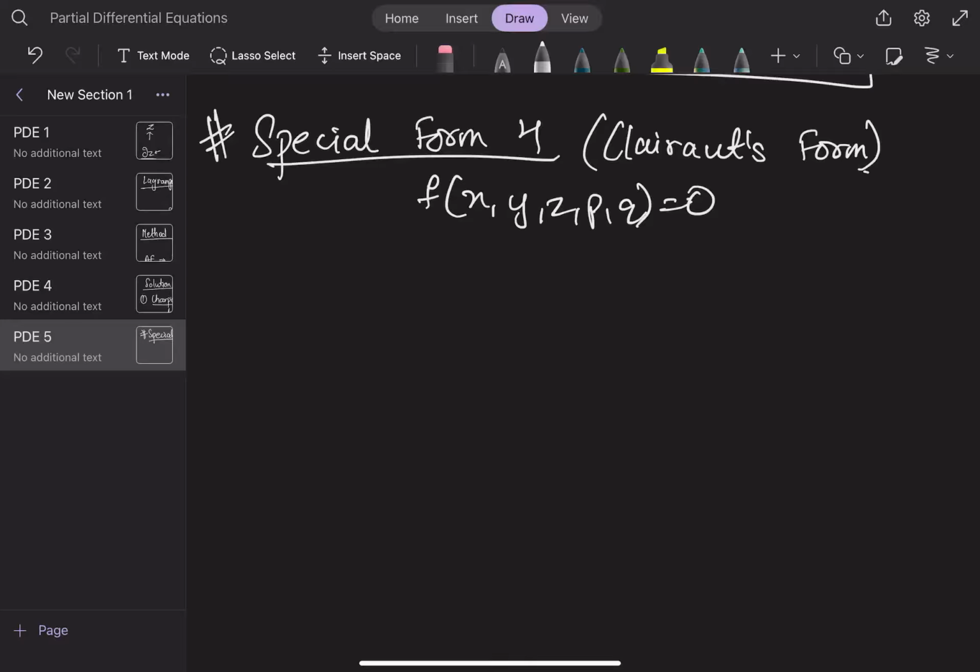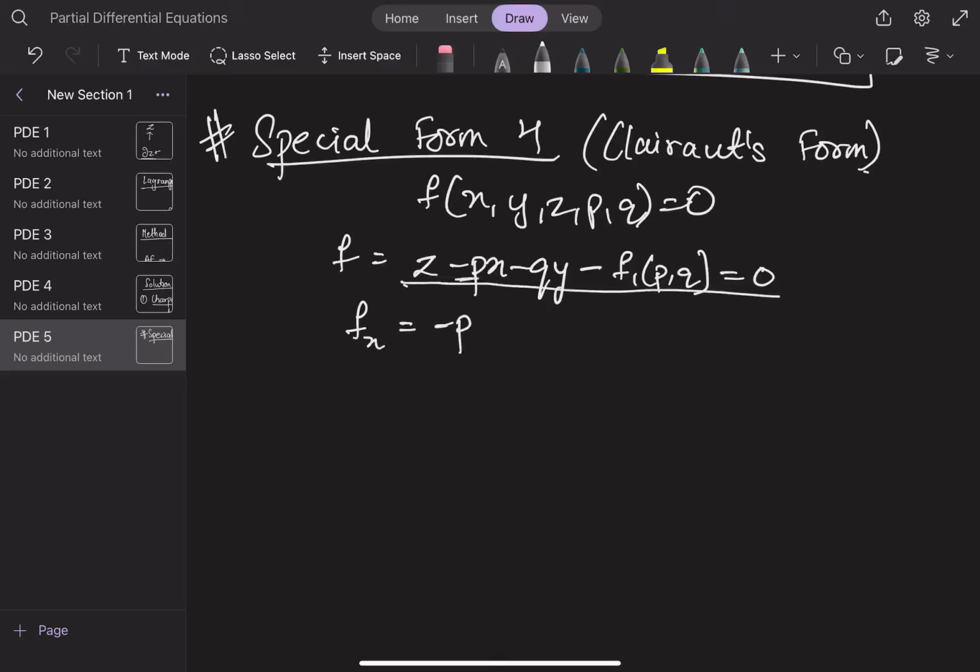But it is in the form f is equal to z minus px minus qy minus some function of p and q is equal to 0. So here your fx is equal to minus p, as if you differentiate this with respect to x, you will get only this minus p. Similarly, Fy will be minus Q and Fz will be 1.